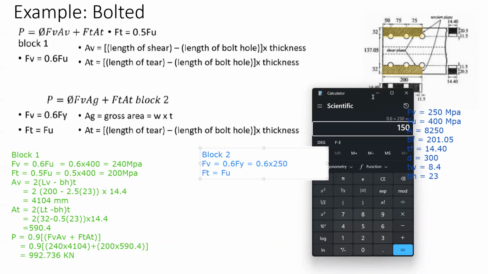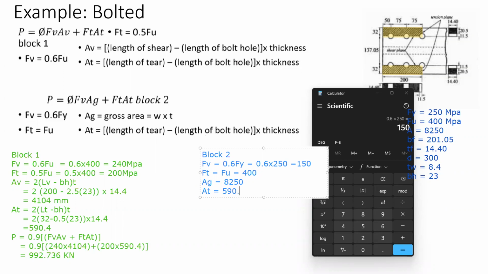That is 150. And Fu here is 400. Area gross is equal to 8250, and area tear would be the same as block 1, so that would be equal to 590.4. Ayan.